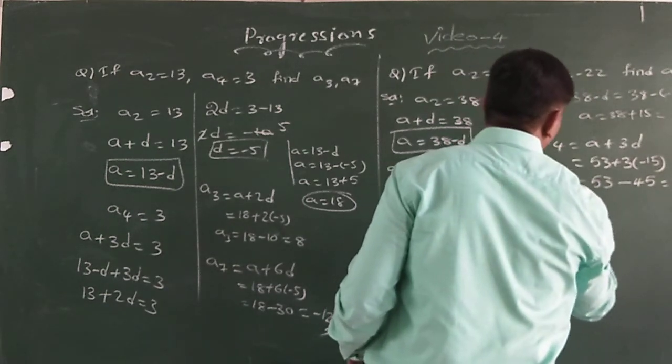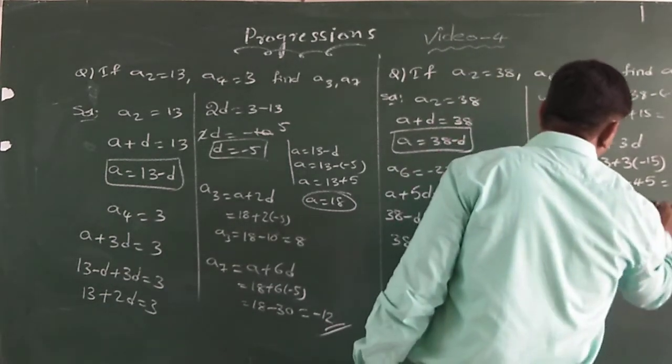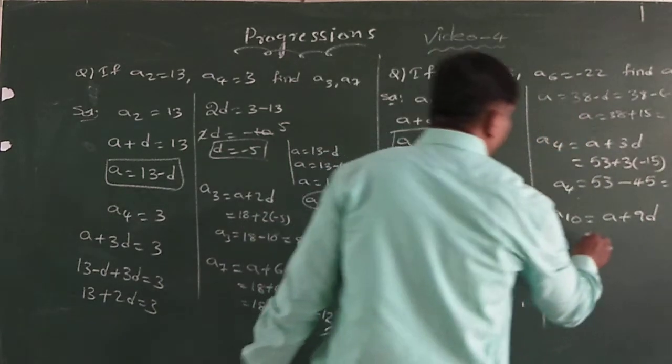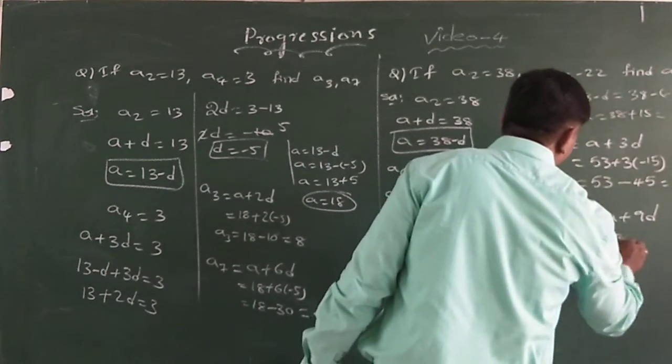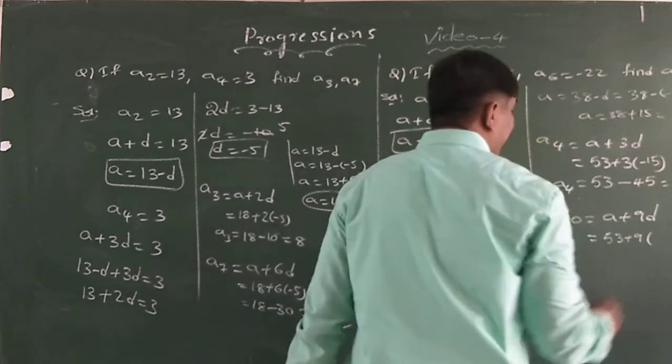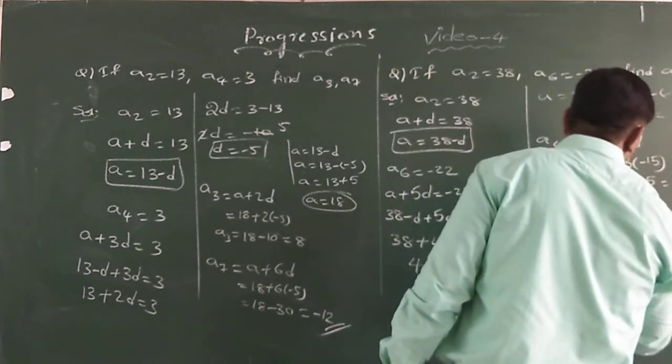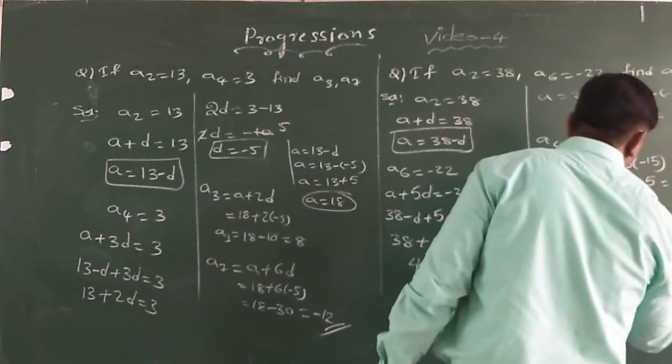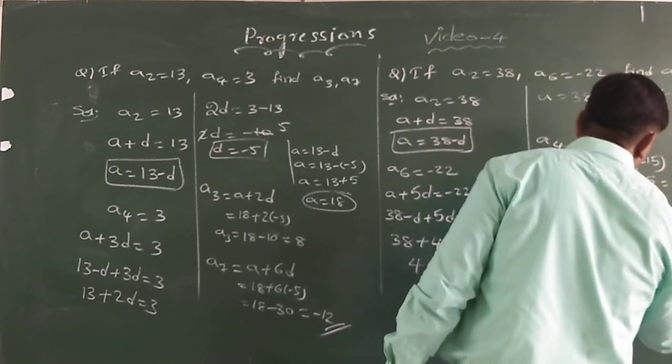Now next, A10 is equal to A plus 9D. The A value is 53 plus 9 into the D value, which is minus 15. Now 9 into minus 15 is minus 135.